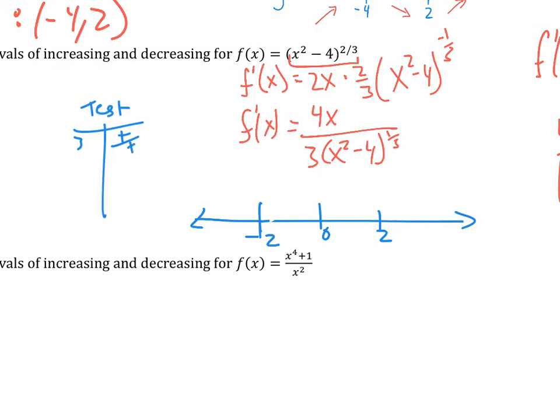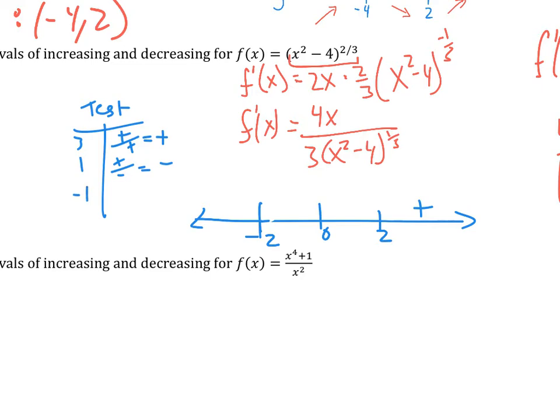So positive over positive, which is positive. How about we plug in 1, something in between here. If we plug in 1, the top will be positive. The bottom is going to be negative, because 1 squared minus 4 is negative. So positive over negative is going to be a negative number.